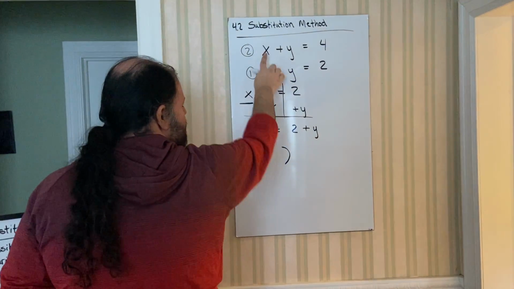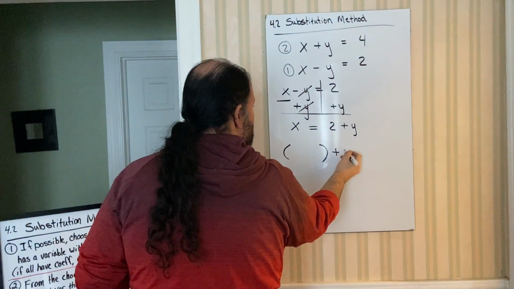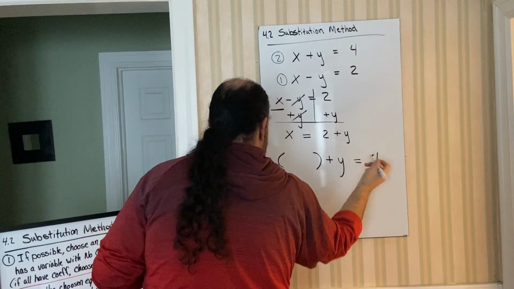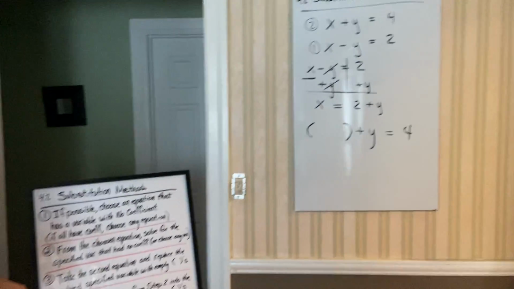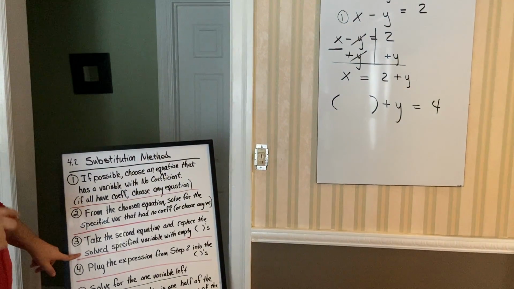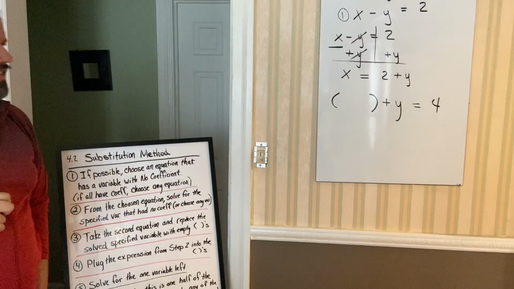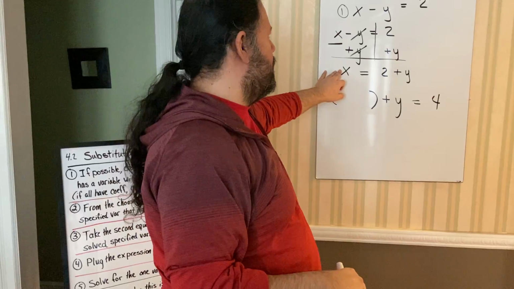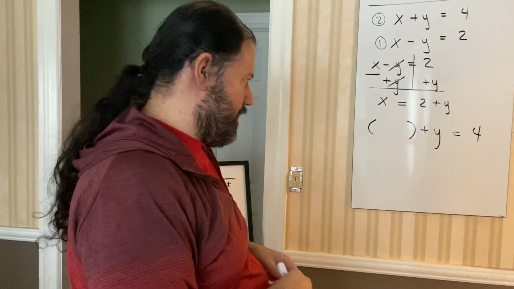So instead of x, put in a set of parentheses, plus y equals 4. Okay? So that's what I mean by take the second equation and replace the solved specified variable, that x, with empty parentheses. So that's what I did. I solved for x here, so in the second equation, I replaced x with those empty parentheses.